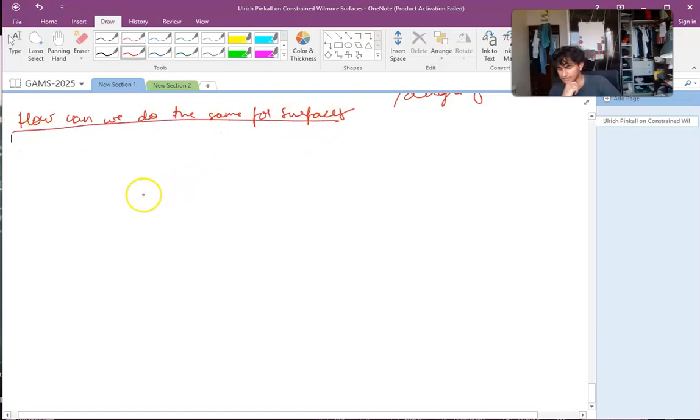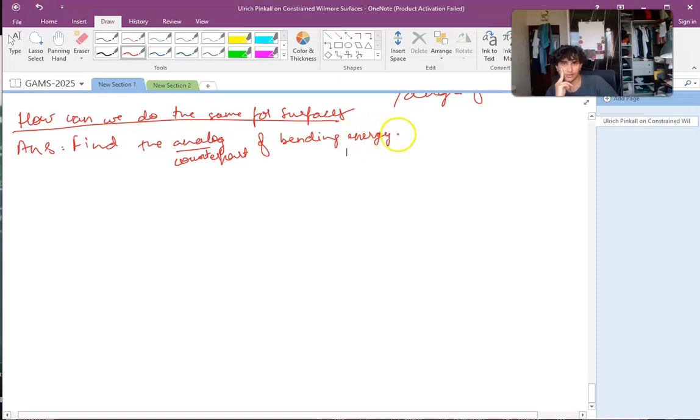And our answer lies in finding the analog, or the counterpart, of bending energy for a 2D surface denoted sigma.